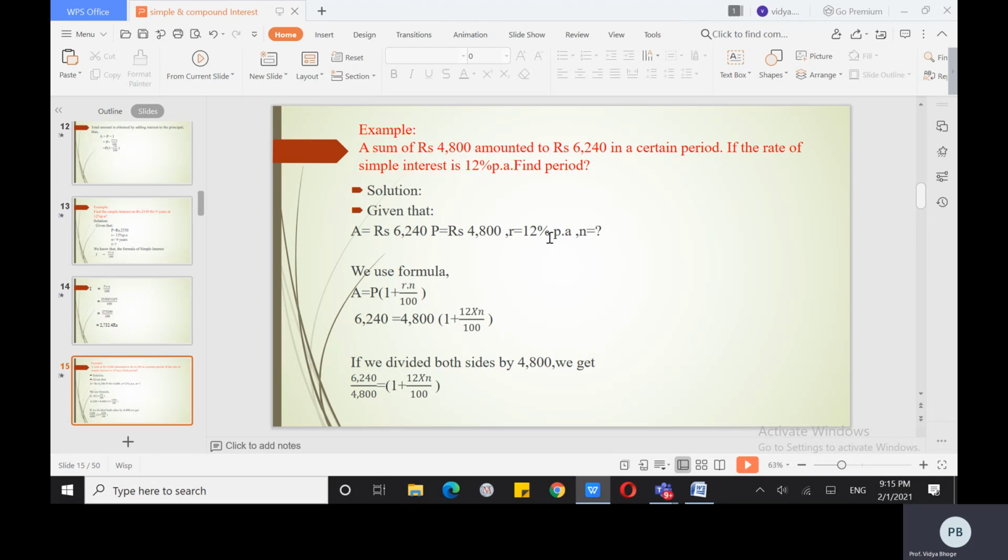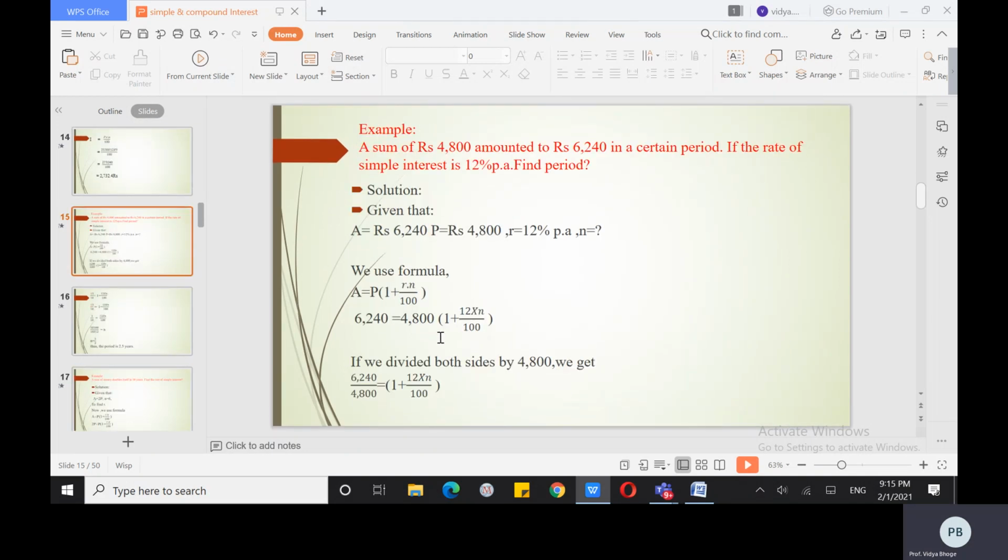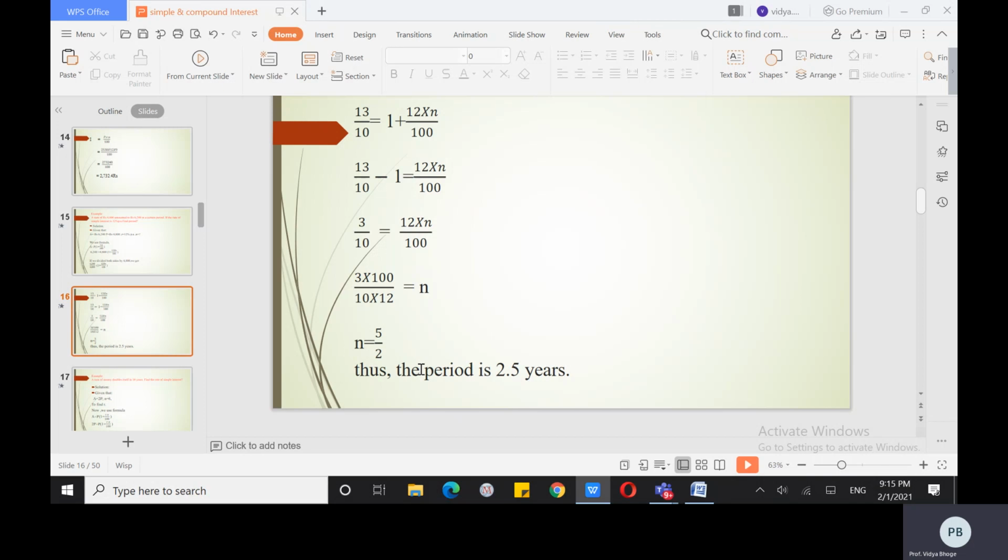Dividing both sides by 4800, we get 6240 divided by 4800, which is equal to 1 plus 12 into N divided by 100. Dividing 6240 by 4800, we get 13 by 10.